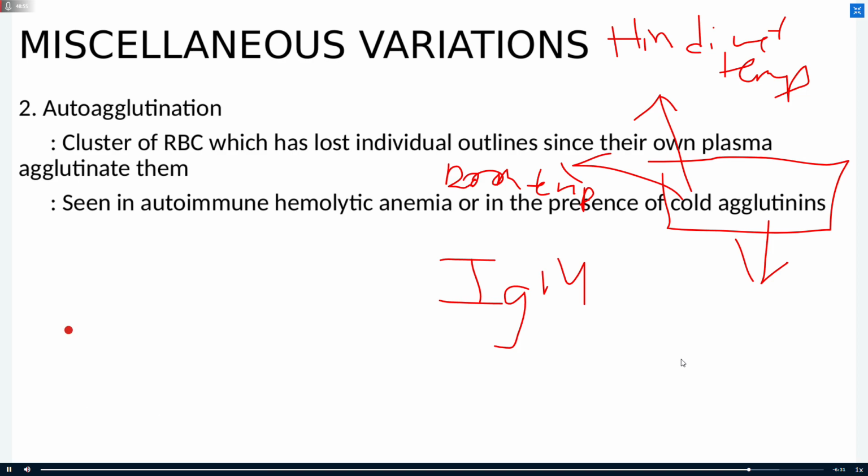Kaya class, sa blood bank, mayroong cases wherein kapag nag-autoagglutinate, halimbawa nag-cross-matching kayo, when you say cross-matching, you're testing yung blood bag sa blood type mo kung compatible.